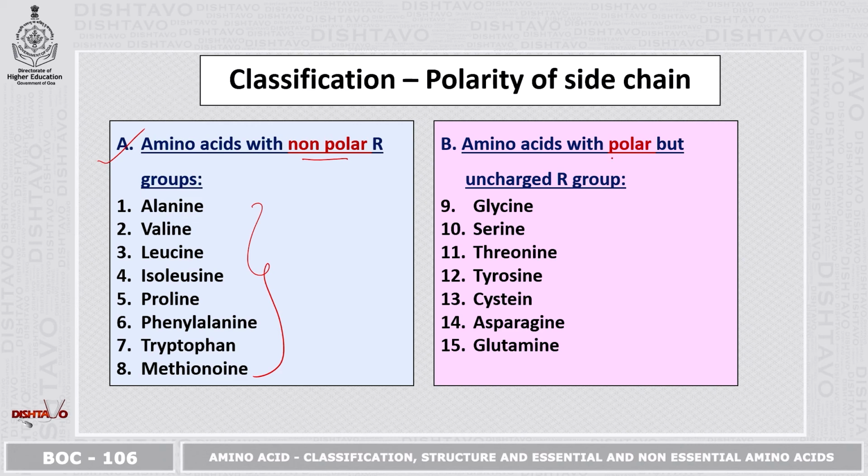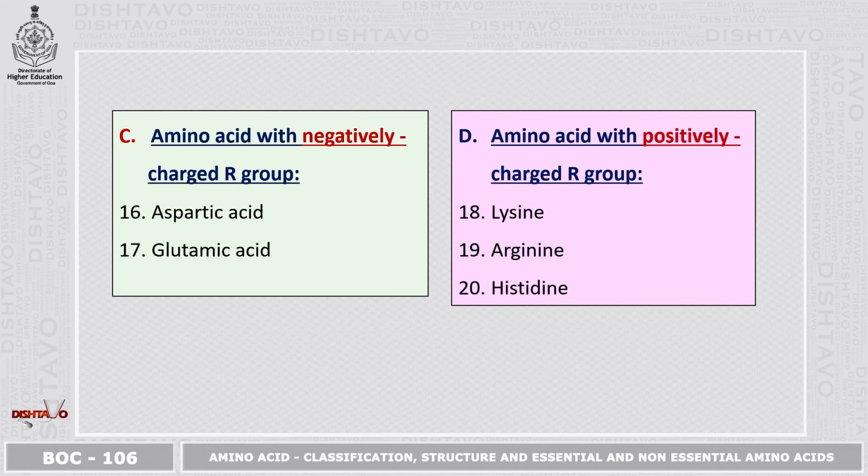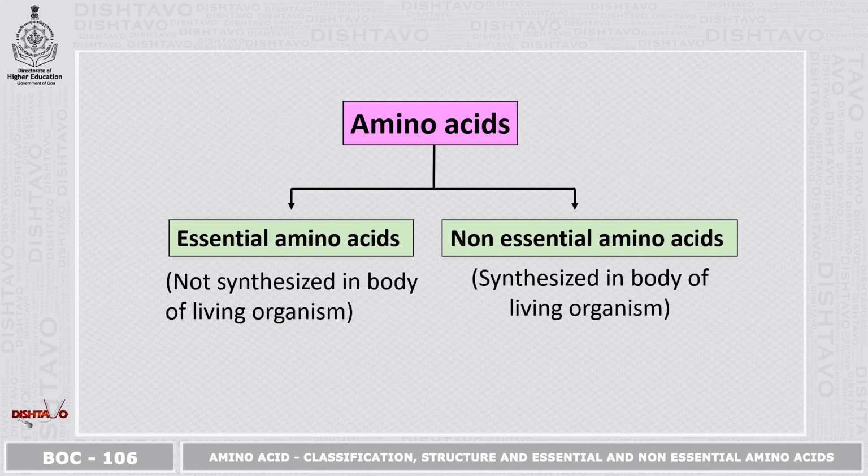Then amino acids with the polar but uncharged R group; these are the examples: glycine, serine, threonine, tyrosine, cysteine, asparagine and glutamine. Third one, amino acids with negatively charged R group. Only two we have: aspartic acid and glutamic acid. And we have here amino acids with positively charged R group. We have three examples here: lysine, arginine and histidine.